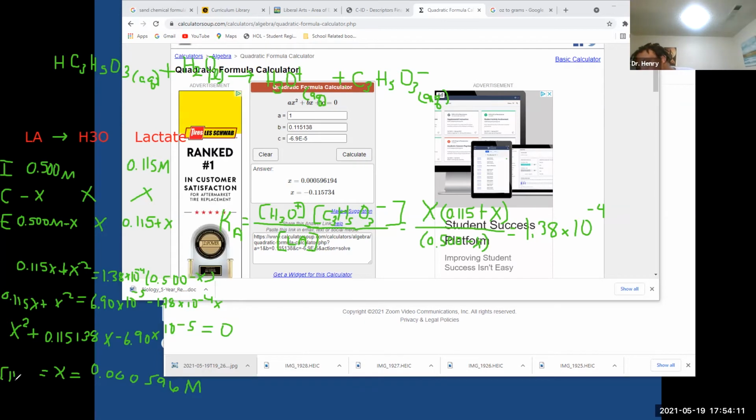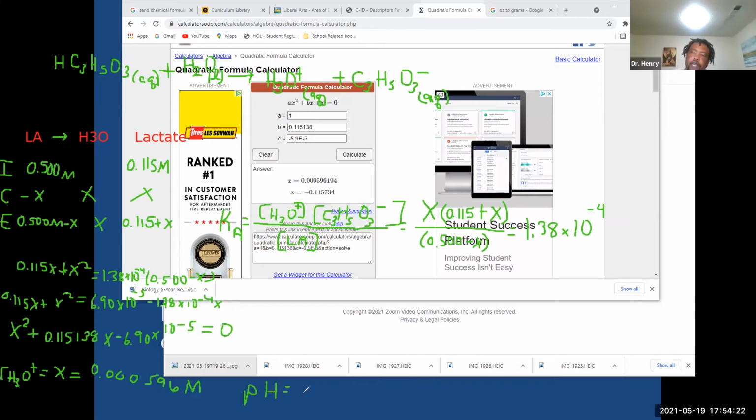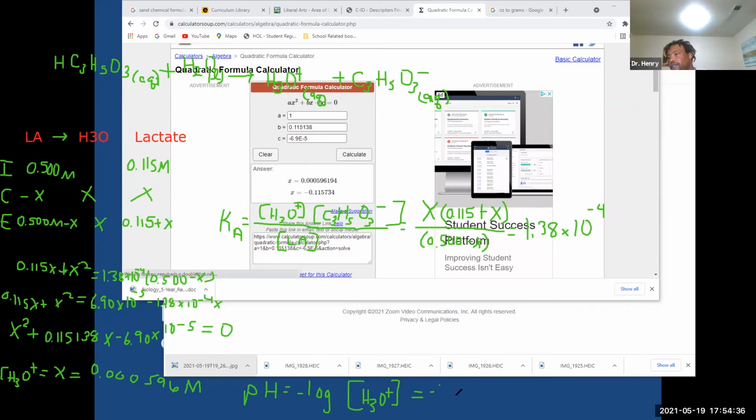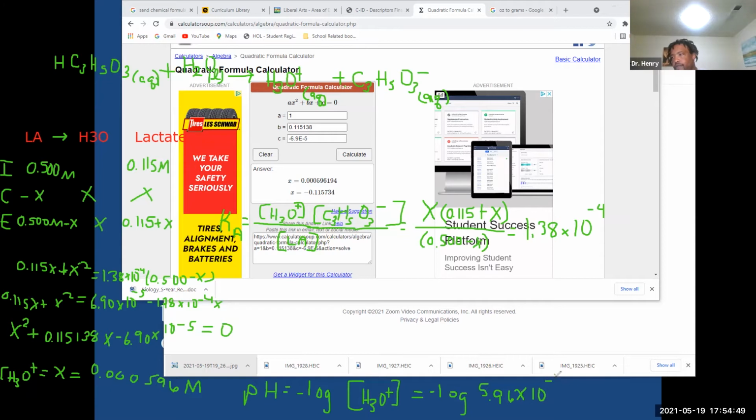So if I'm calculating the pH, how would I calculate the pH? This is where you use the negative log. So pH equals the negative log of the concentration of the hydronium ion. In this case, negative log of, in scientific notation, 5.96 times 10 to the minus 4.